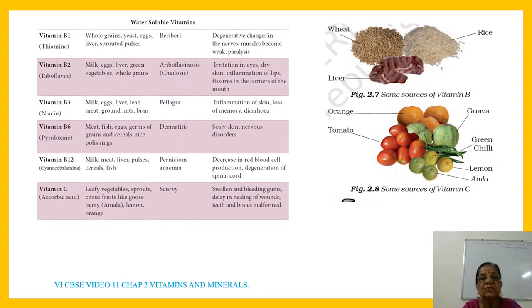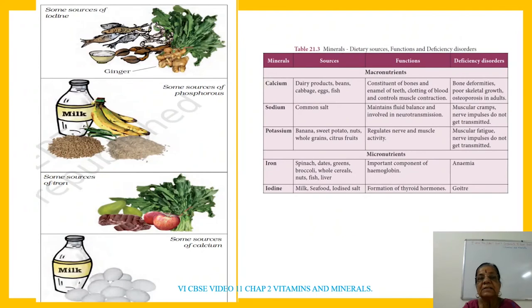And the diseases: beriberi, ariboflavinosis, pellagra, dermatitis, pernicious anemia, and scurvy. And you should learn the symptoms. I hope you understand. The next one is about minerals, its sources, function, and deficiency disorder.